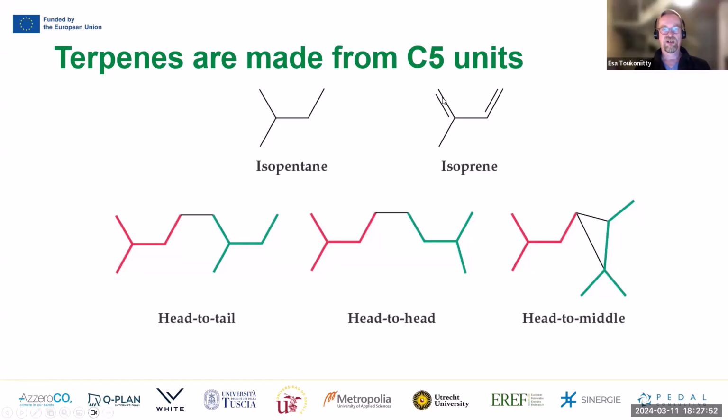If you combine these units together, 1, 2, or 3, you get these more and more complicated structures, but these will not form polymeric structures. You will not find terpenes made out of hundreds or longer isoprene units. So these are reasonably small molecules.